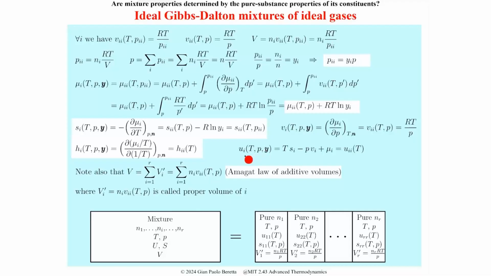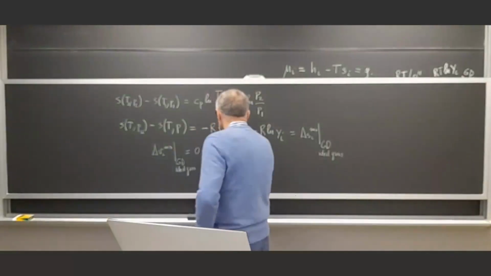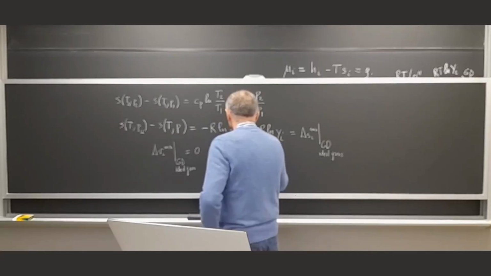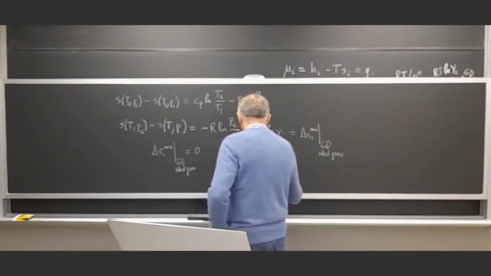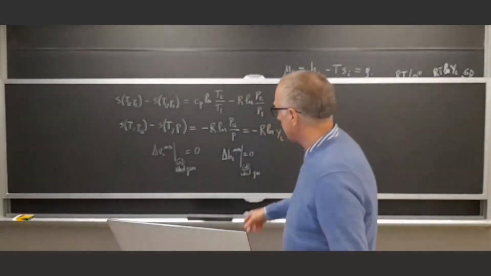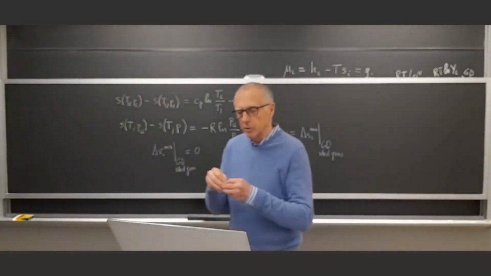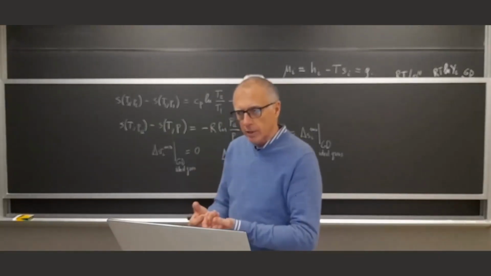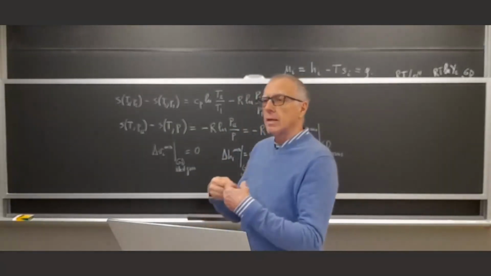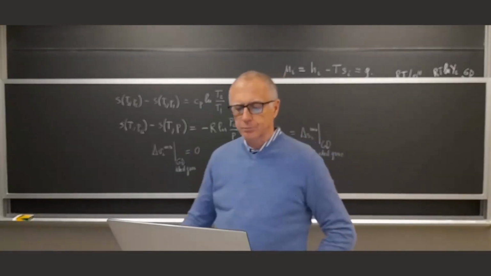And that also proves that delta H mix equals 0. And remember what these properties are. These are the things that I measure when I add a little bit of a substance to my mixture. If I do it with an ideal mixture of ideal gases, those are 0.